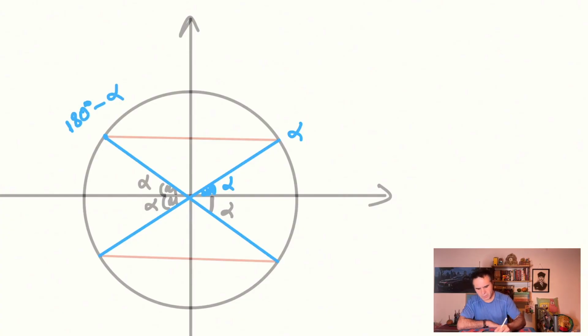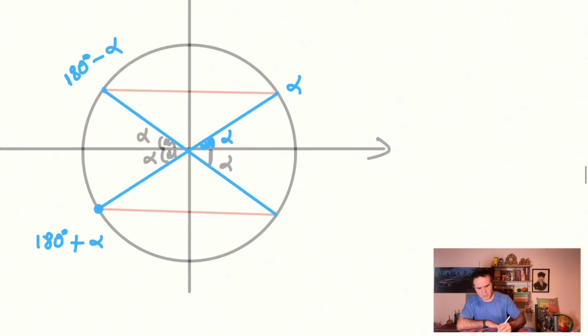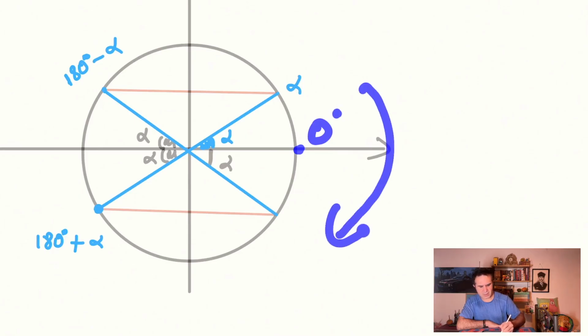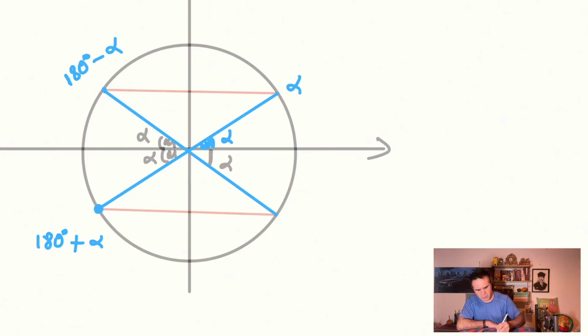Why? Because here we have 180 degrees, and if we go to here alpha degrees, this is 180 degrees minus alpha, and here we have 180 degrees plus alpha, and here we have 0 degrees, and this is the negative direction, so here we have minus alpha.